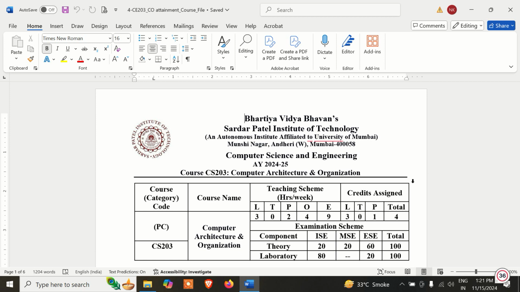That's why the target level might not be the same for the first 5 POs and the remaining 7 POs, subject to subject. So there will be a scaling based on the subject. While designing the syllabus, one has to look at the strength and weakness.